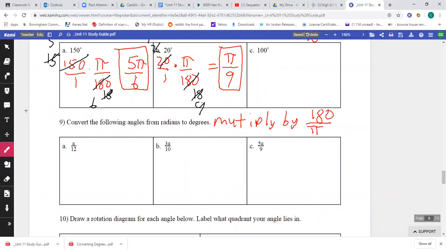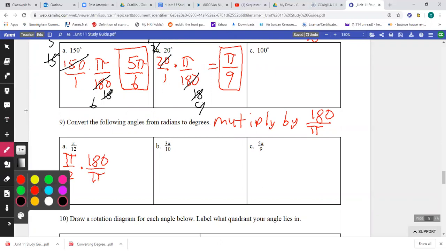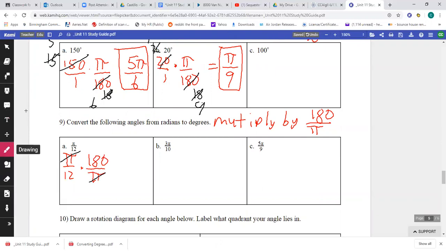For letter A, I'm going to do pi over 12, and I'm going to multiply it by 180 over pi, right? So the pi's cancel, and I just have 180 on the top and 12 on the bottom. So all you need to do is divide 180 by 12, and you'll get that this is 15 degrees.